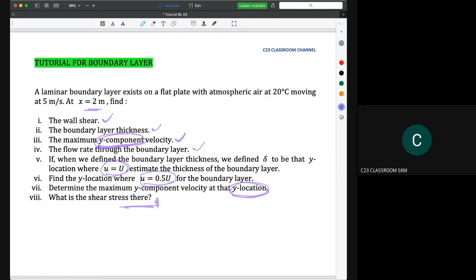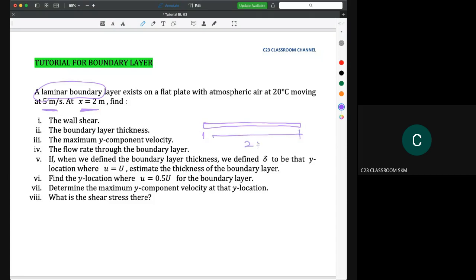So in this situation, first, the question gives you the idea of a laminar boundary layer. We have velocity 5 meters per second, and then we have location x equal to 2 meters. So at least you could imagine that we have a flat plate with the length of 2 meters here.